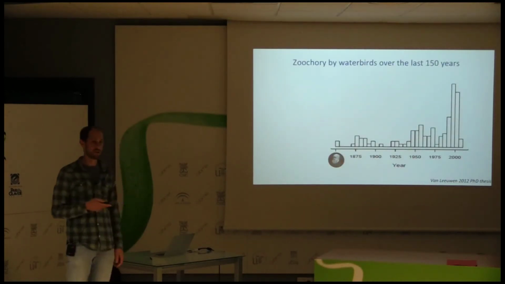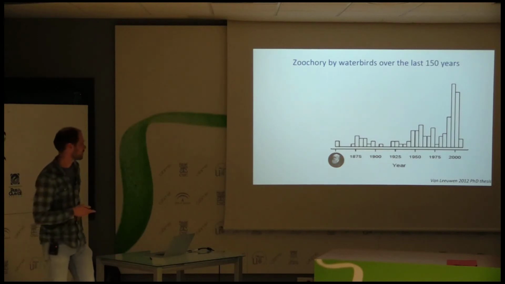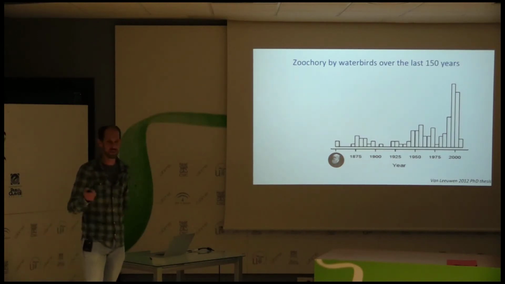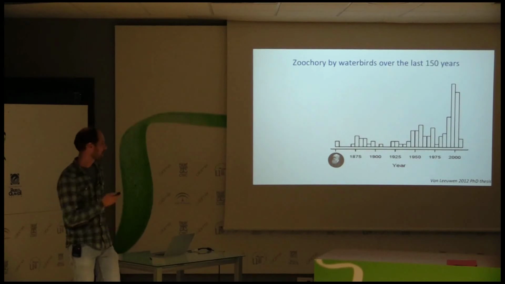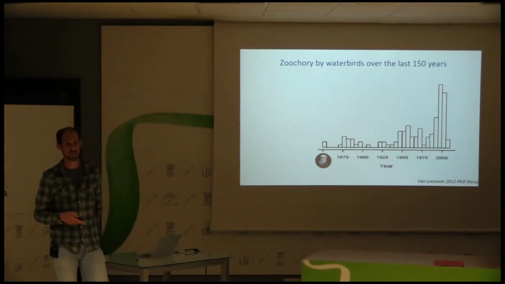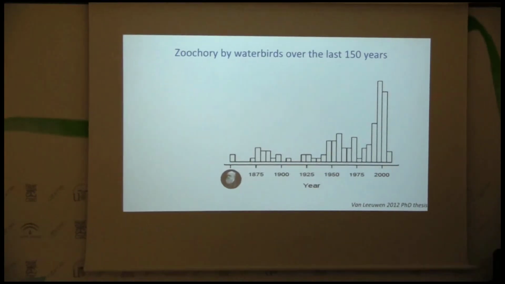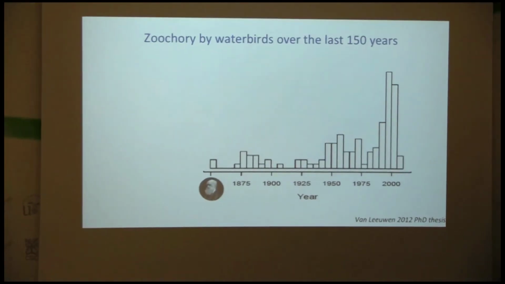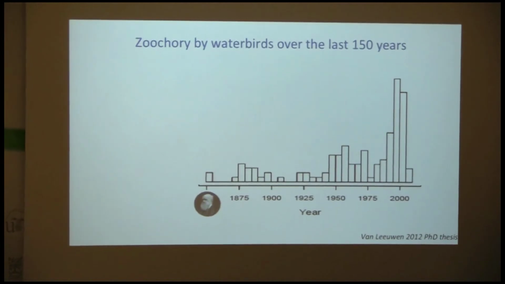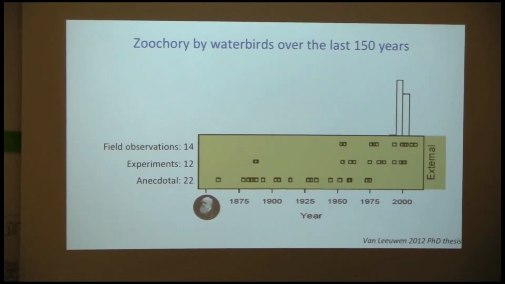A brief overview of how this research field developed, large part thanks to people working at EBD. But basically Darwin was the first to see the discrepancy or the relationships between the wide distributions of these species that seem to be very immobile, and started to do work on external transport, which was realized to be maybe very important.